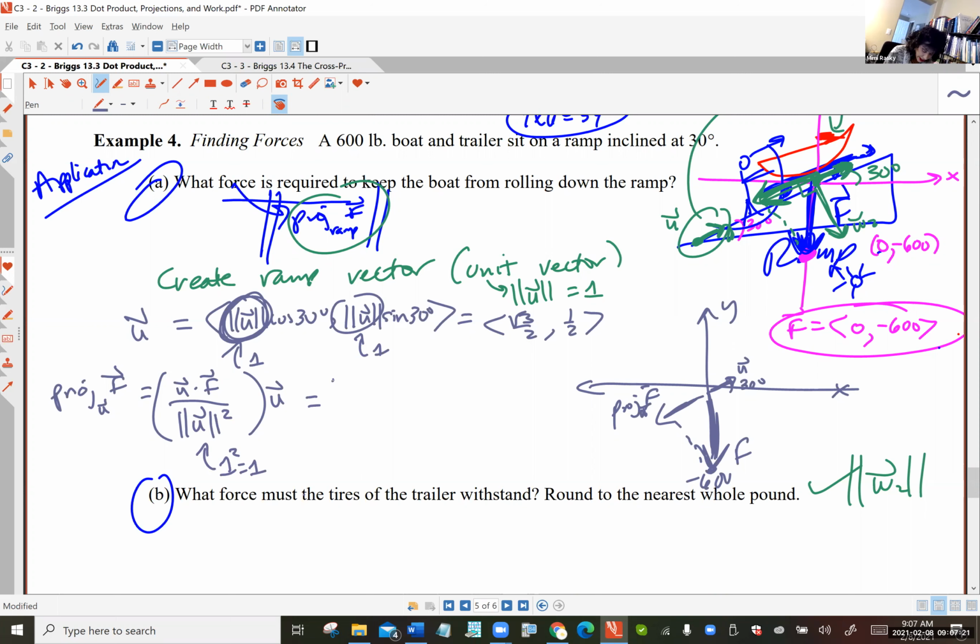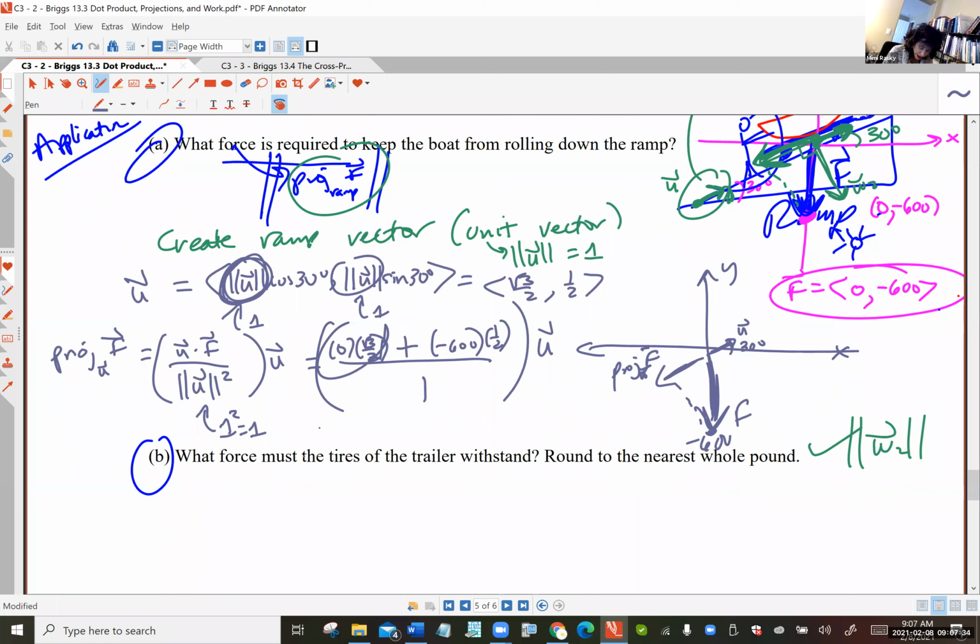So we're going to take the product of their x components plus the product of their y components divided by 1 and multiply that by U. Okay? And of course, 0 times anything is 0, and -600 times a half, I believe, is -300. So the projected vector is -300 times our unit vector.